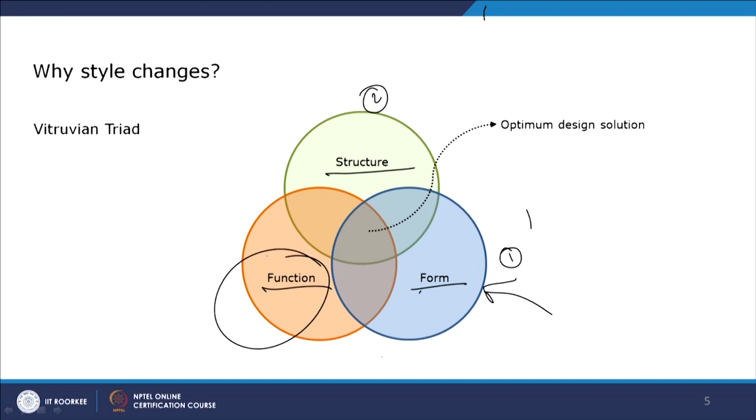Now another thing is function. Function might be similar for different things, but there are many movements which evolved from function, and after the industrial revolution, there was a need for different kinds of buildings. For example, people started migrating from villages to the city.